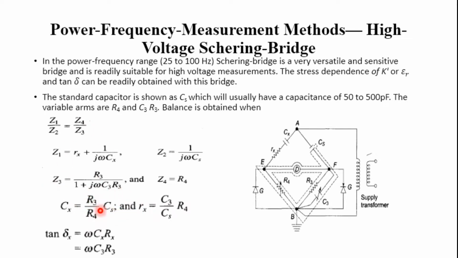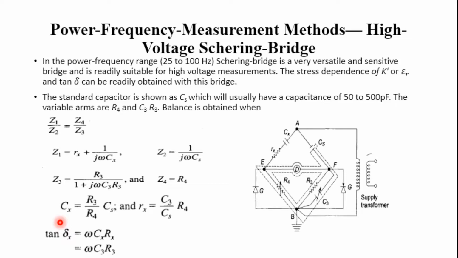After the simplification, there are real and imaginary terms. Usually tan delta x will be small at a power frequency for the common dielectrics, so we consider tan delta x equal to omega C3 R3.